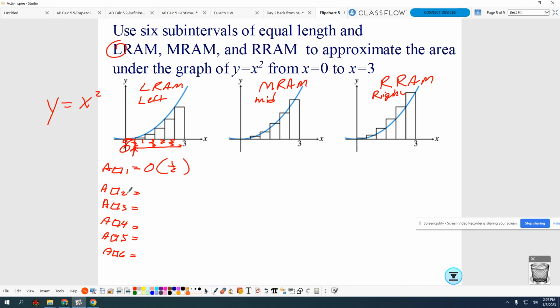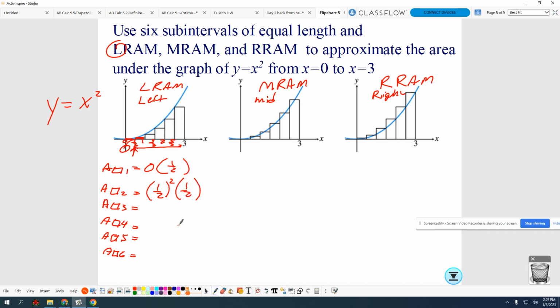Now my next rectangle, this skinny little itty bitty teeny tiny thing, choosing the left side, so x is 1/2. How do I find the height? Plug it in. The height is where it hits that curve of x squared. So 1/2 squared, and the width of the rectangle is 1/2. So it's 1/4 times 1/2.